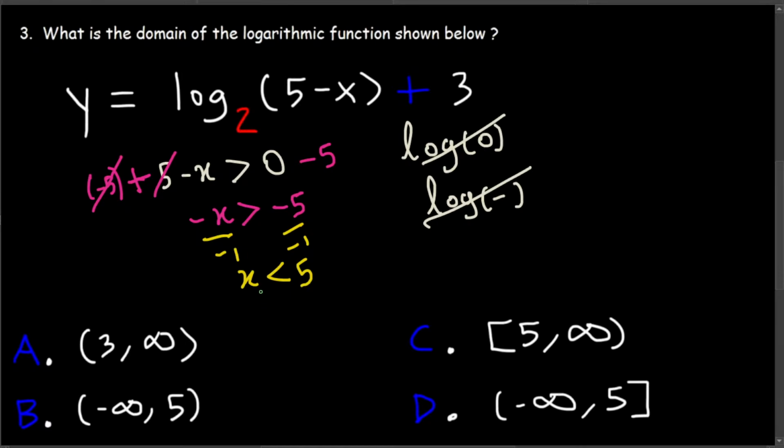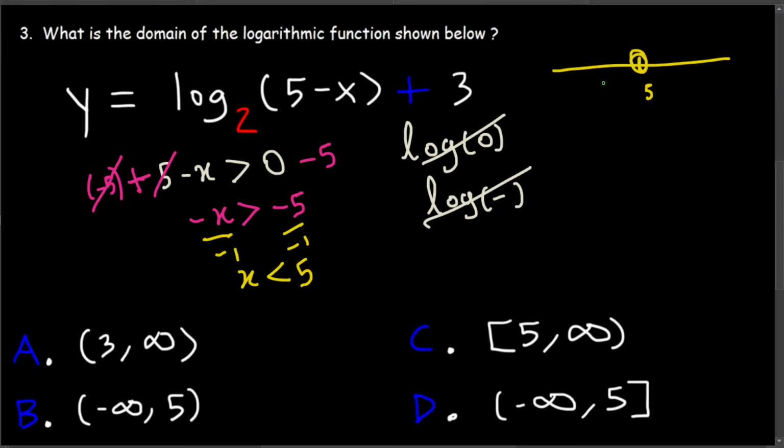When we have the condition that x is less than 5, it means there's a hole at 5. Let's say this is 5. This is a hole, which means this point is not included, because if it's less than or equal to 5, it's included. If it's less than 5, it's not included.